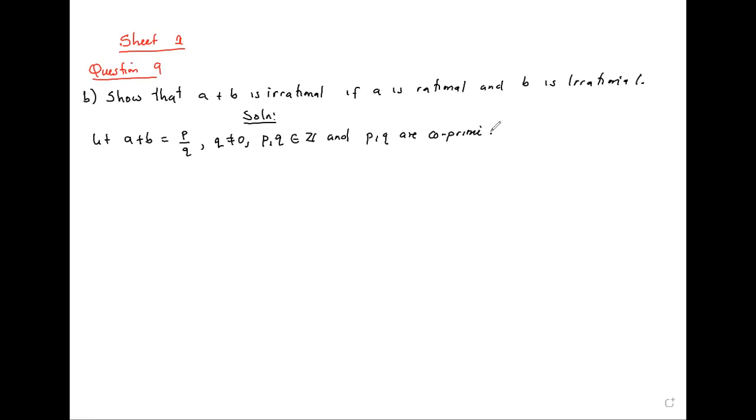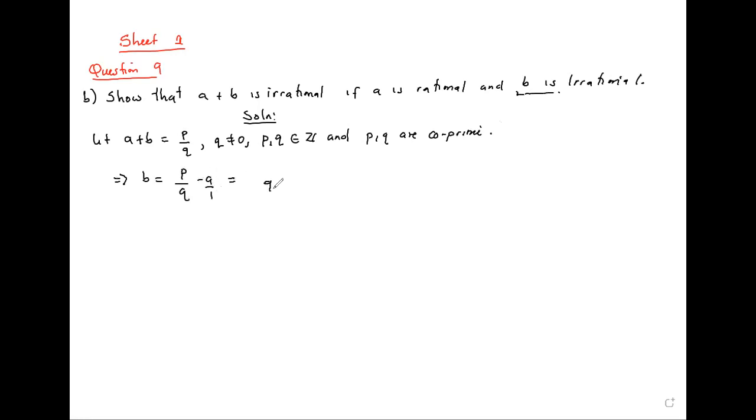So yes. A plus B is equal to P over Q, with P and Q meeting those conditions here. Then we'll leave B now, which is irrational, so we'll solve for B. So we'll have B equal to P over Q minus A over 1.